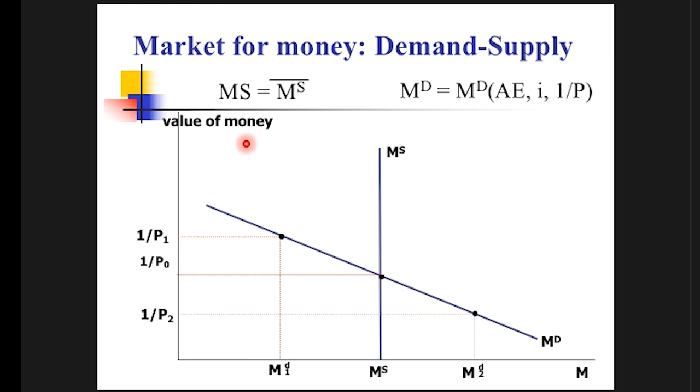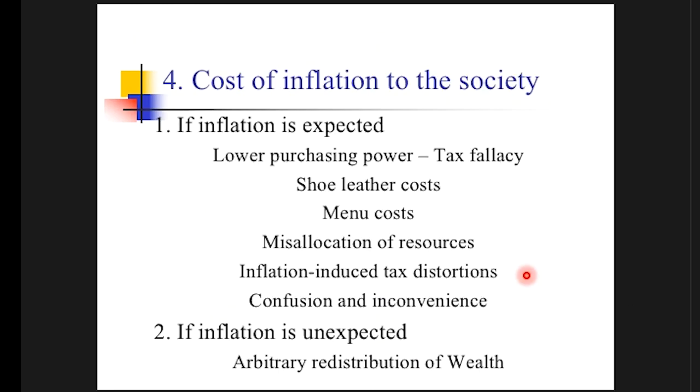So now, if we increase money supply and the money supply shifts to the right, the value of money reduces, and it means that the price of goods and services increases. There will be inflation, and inflation may be expected or unexpected in the economy.